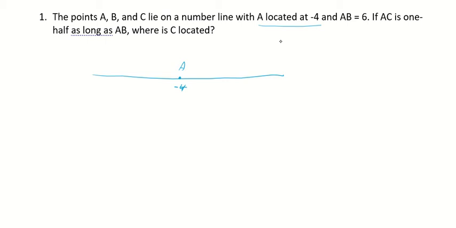And then a distance from A to B. See, this means distance when there's no symbol up here. So the distance from point A to point B is 6 units, which means we're going to travel from A up to B 6 units.